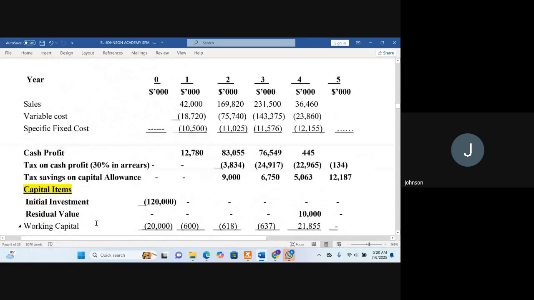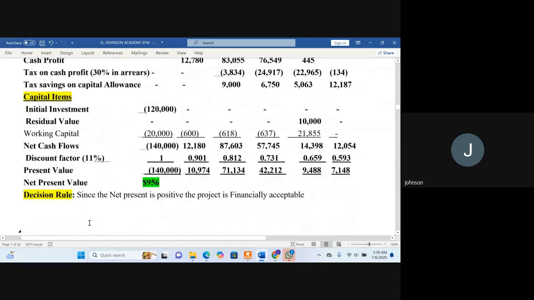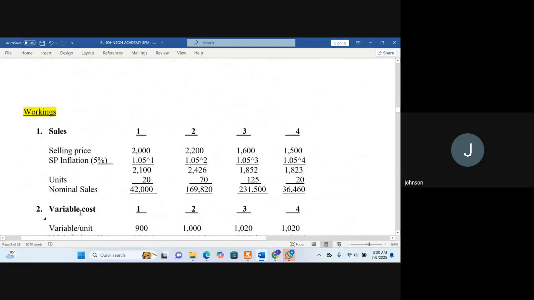So let's go to our workings now. Our selling price, naturally from the question, is 2,000. Year two, 2,200. Year three, 1,600. Year four, 1,500.